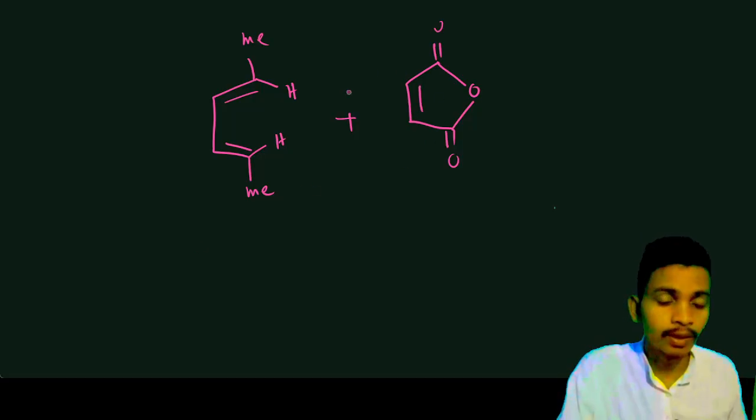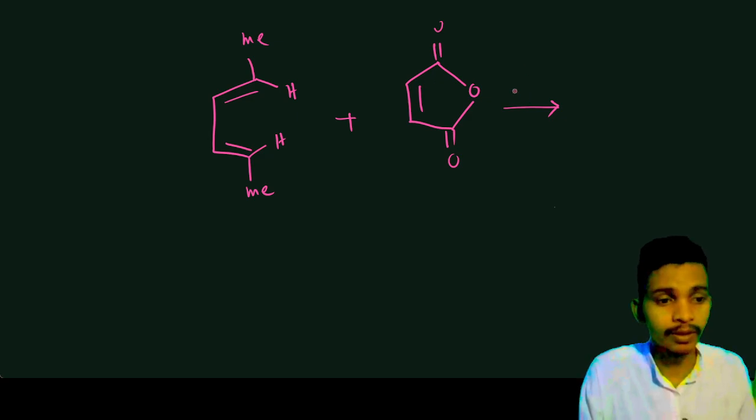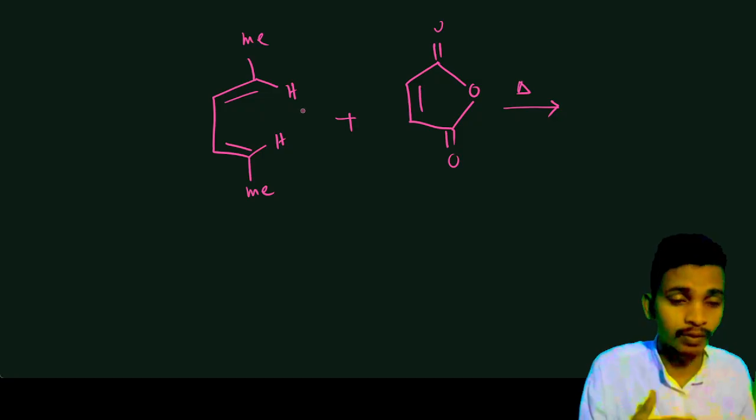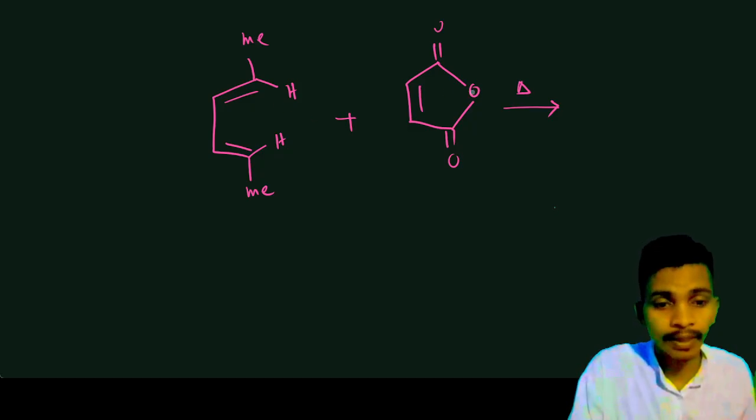Now, how will the stereochemistry of the product come out if you give heat? Because Diels Alder reactions always occur by heating only. Under photochemical conditions the Diels Alder reaction will not happen, as we discussed in the previous class. So if you give heat, how will it happen?